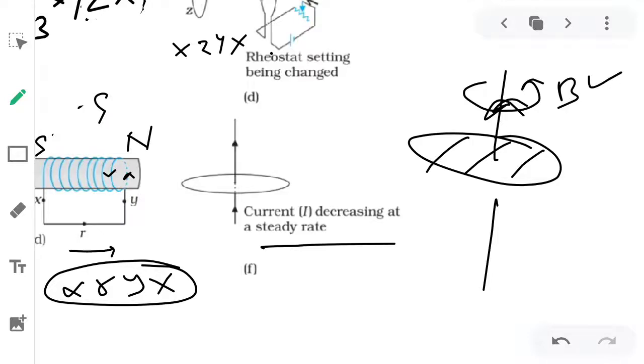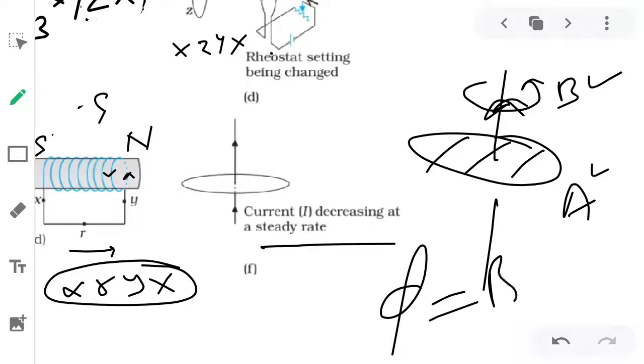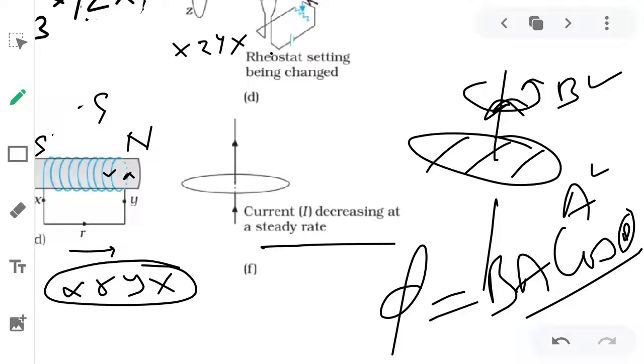So B and A are both coplanar, so B is not normal to the area. If I take the flux linked to the coil, BA cos theta, theta is 90 degrees because the area vector is normal. So here no flux is linked to the coil normally. That's why no EMF is induced.